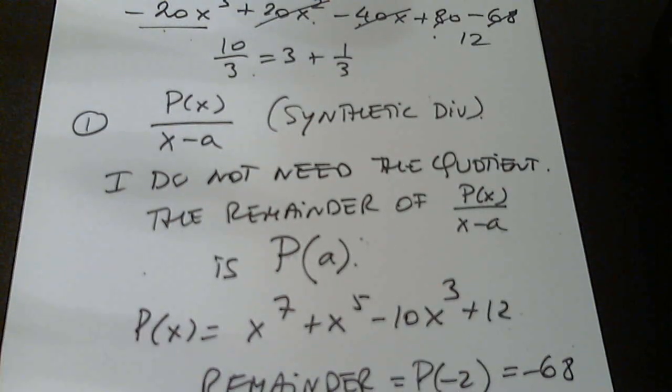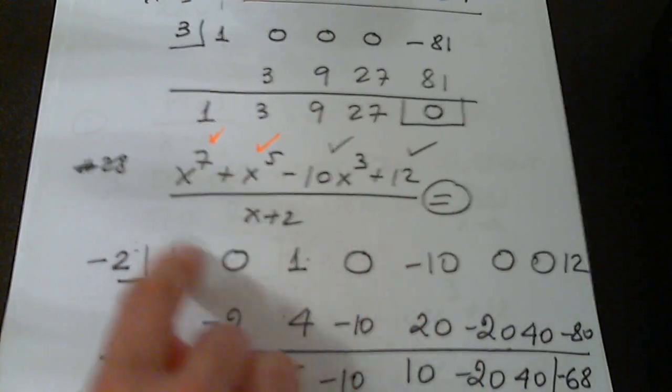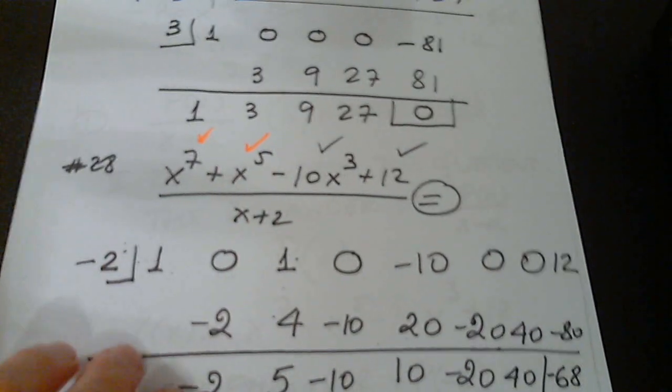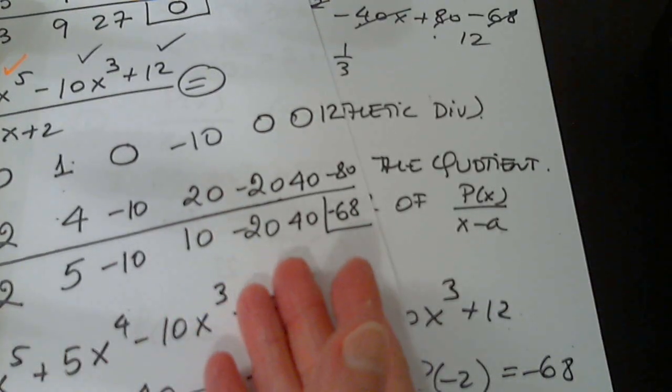In this case, the division was this polynomial divided by x plus 2. All I had to do is plug -2 into the polynomial to directly and immediately get the remainder, assuming I was not interested in the quotient.